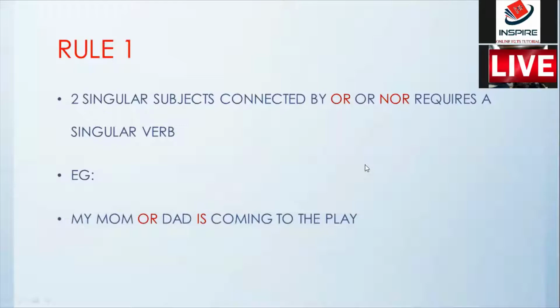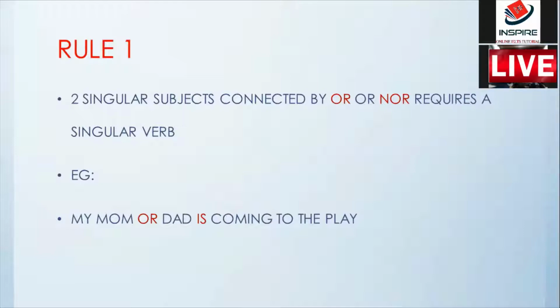My mom or dad is coming to the play. You can see the subjects, mom and dad, are connected using or here, so it took a singular verb, is. Is coming to the play.